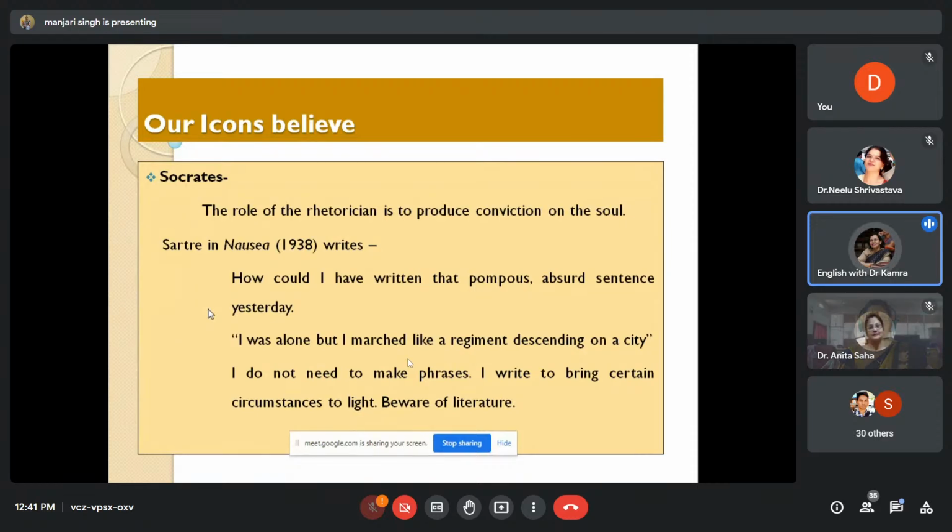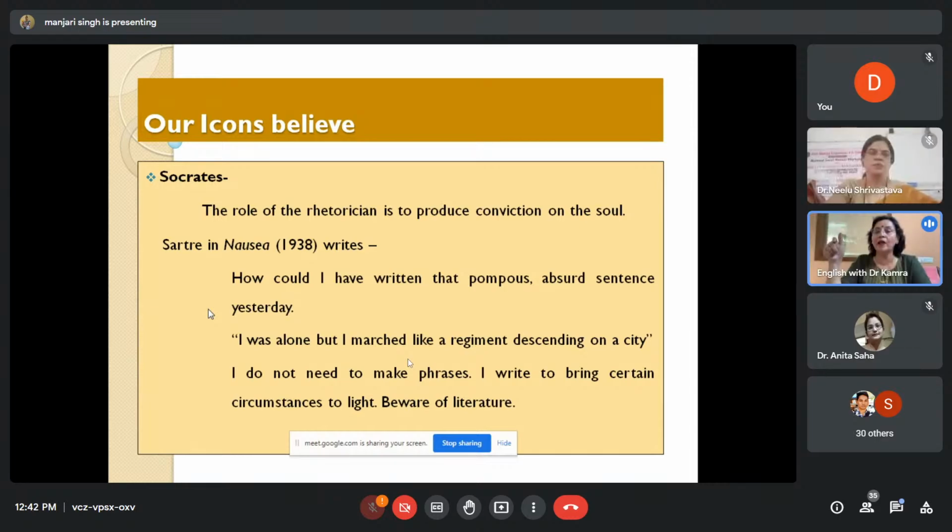Now, Jean-Paul Sartre, in Nausea, writes, how could I have written those pompous, absurd sentences yesterday? He questions himself. I was alone, but I marched like a regiment descending on a city. I believed that I was the one who could see everything. I have got aerial eyes. I do not need to make phrases. I write to bring certain circumstances to life.